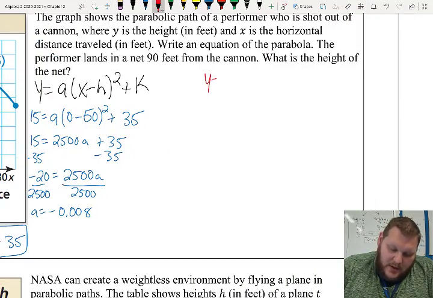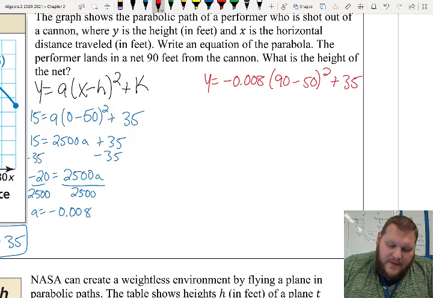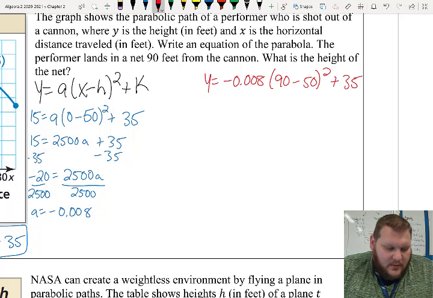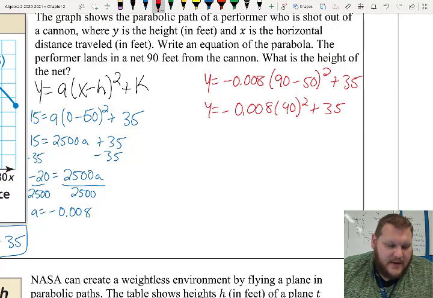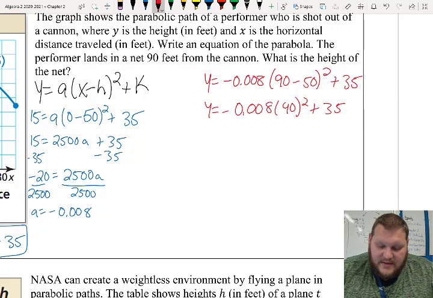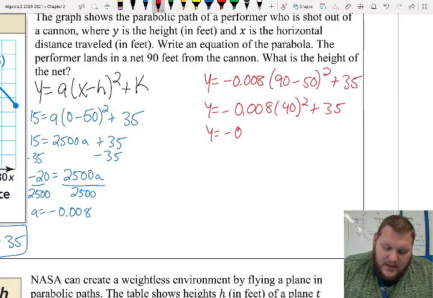So y equals negative 0.008 times (90 minus 50) squared plus 35. So we've got y equals negative 0.008 times 40 squared plus 35. So then I'm going to do 40 squared, which is 1600. Negative 0.008 times 1600 plus 35.